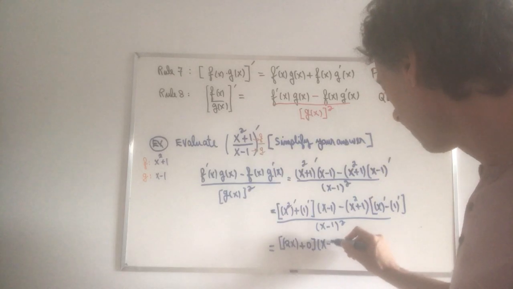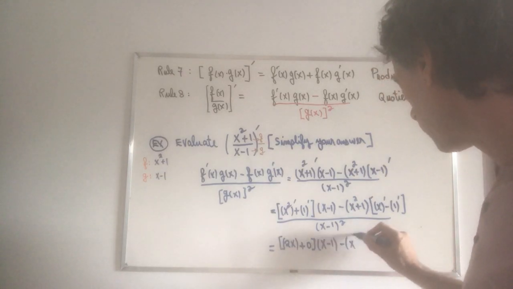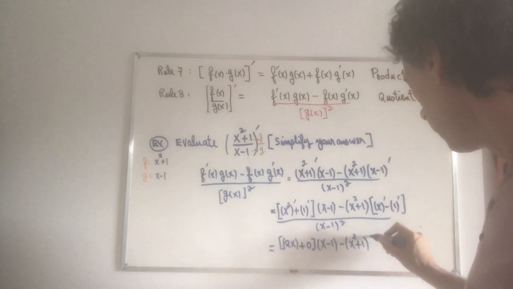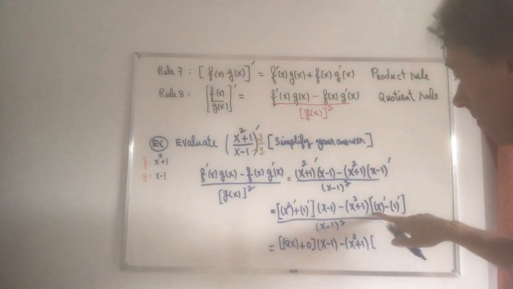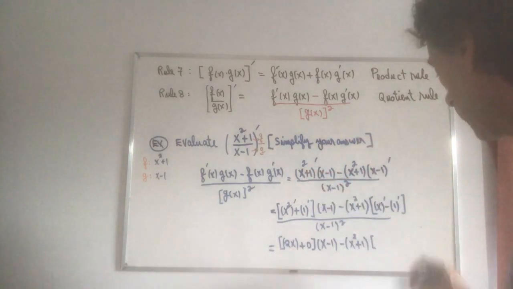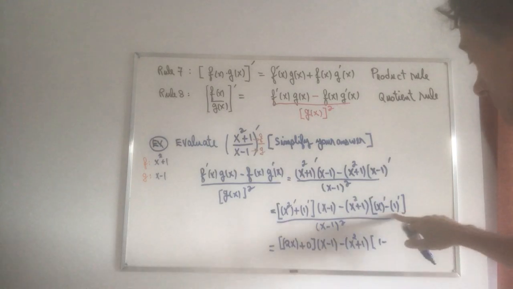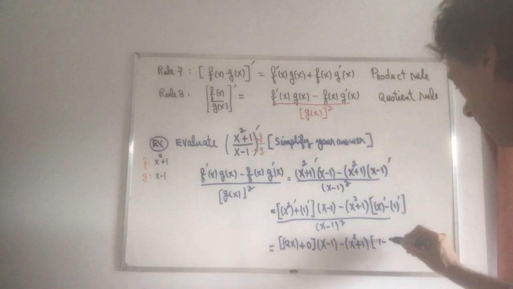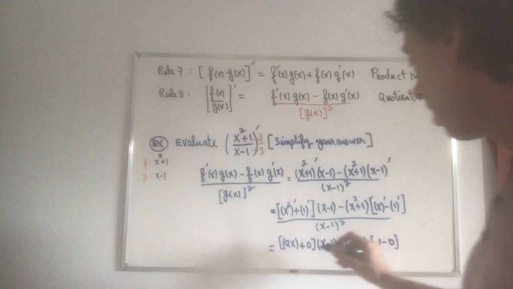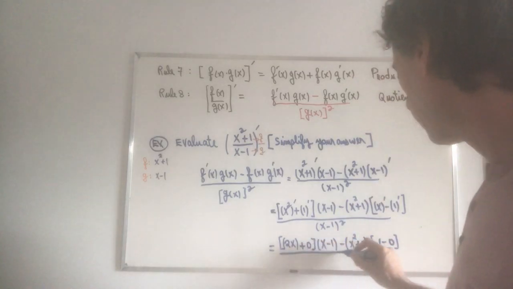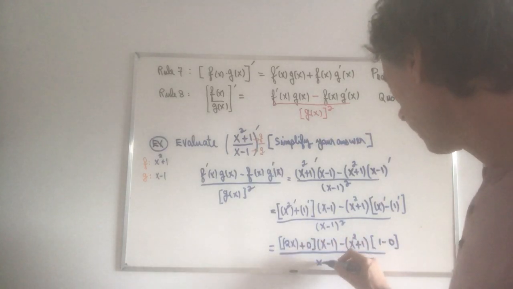Times x minus 1, minus x squared plus 1. And here we go again. X prime. Well, that is rule 2. It's 1. Minus 1 prime. That is rule 1. 0. All of that jazz all over x minus 1 squared.